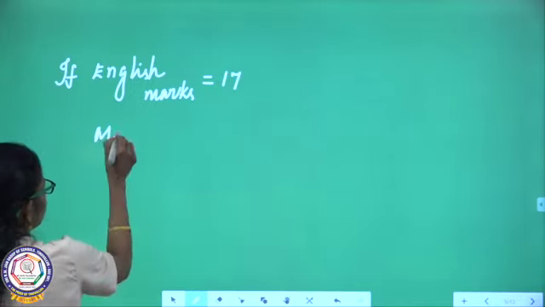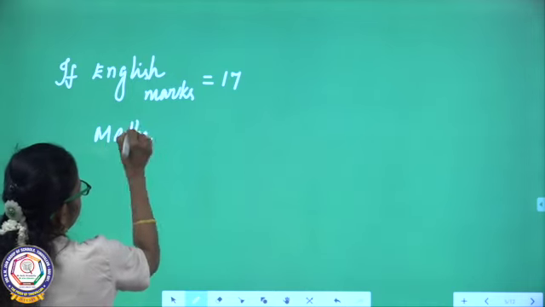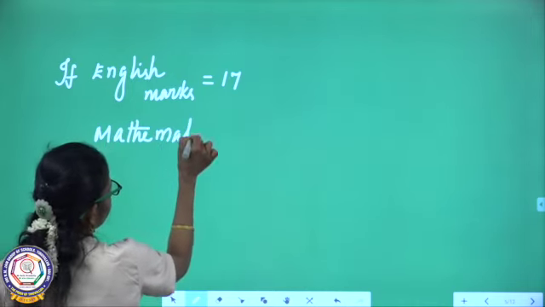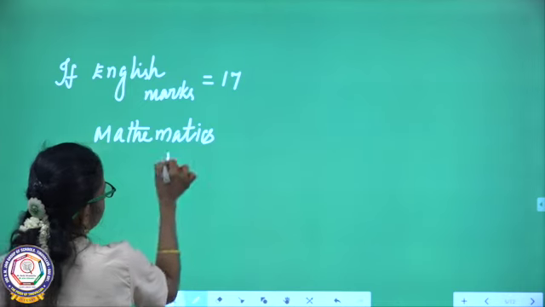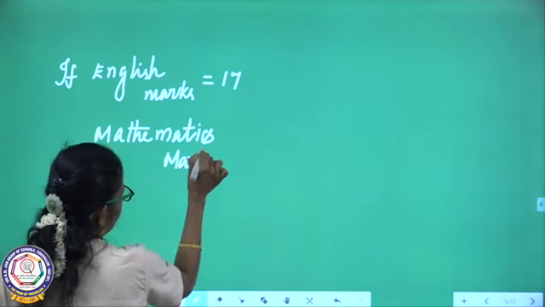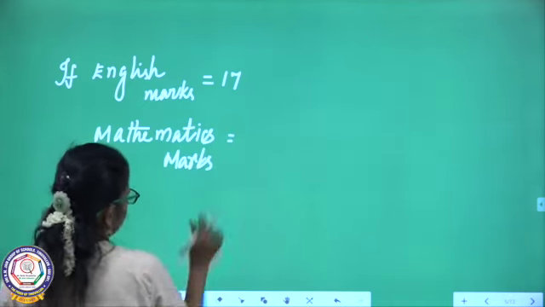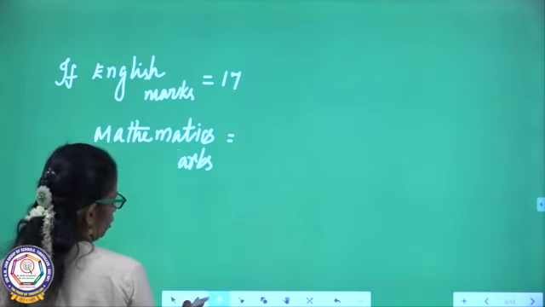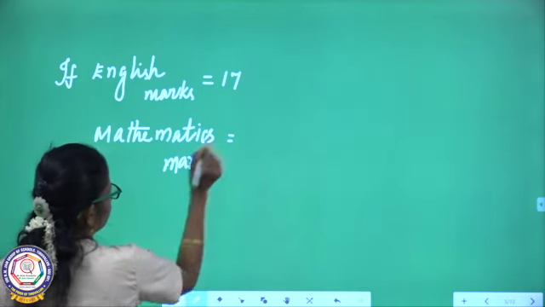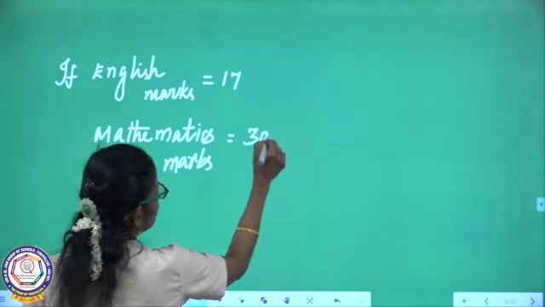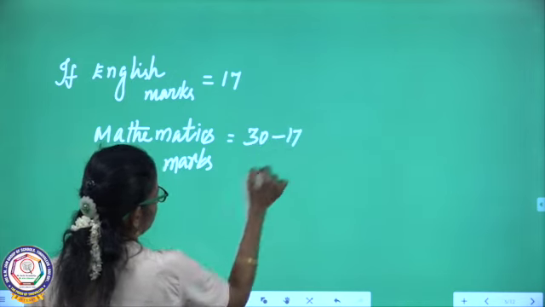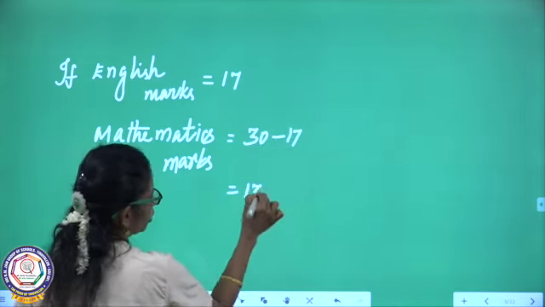Then what is the position of mathematics? Mathematics marks equal to 30 minus 17 which is equal to 13.